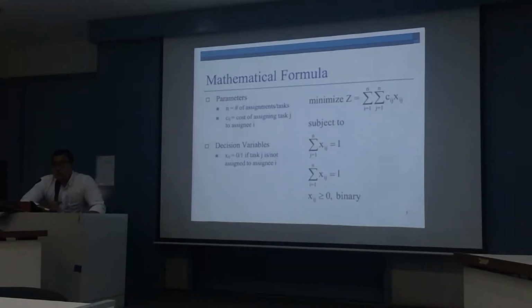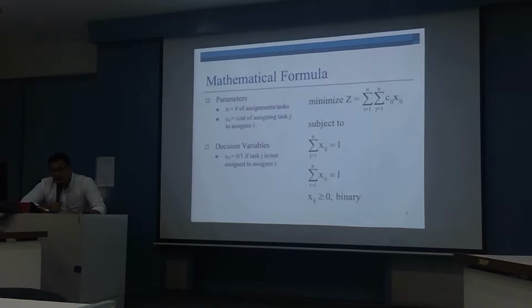This slide shows you how we can model the assignment problem using linear programming. So let's say that we have the decision variable xij. Right, xij, and it's going to be a binary variable. The binary variable means it's going to have a value of just 0 or 1. 0 means not assigned, 1 means you're going to assign.